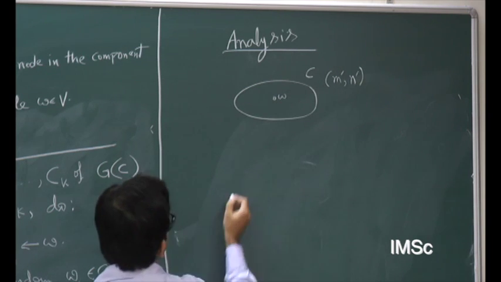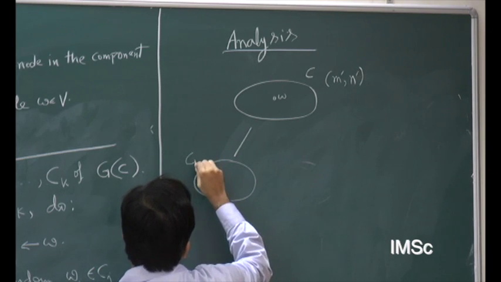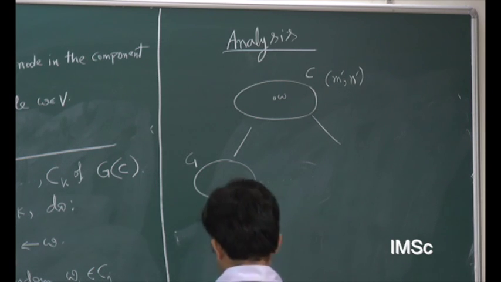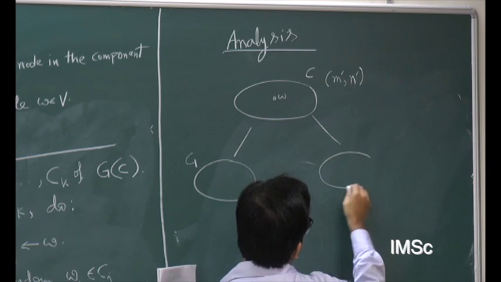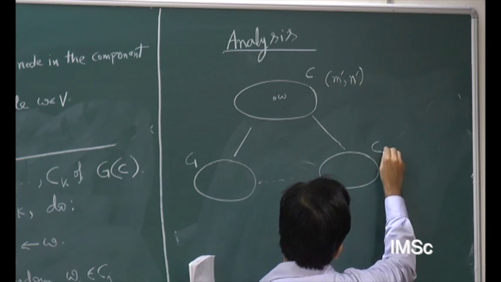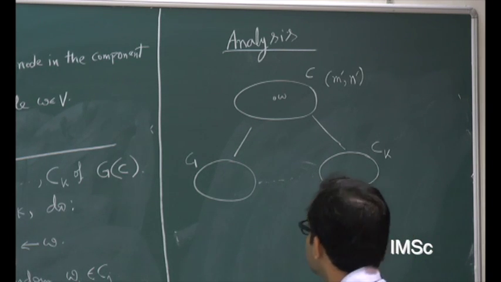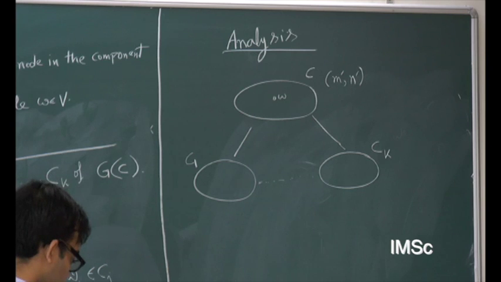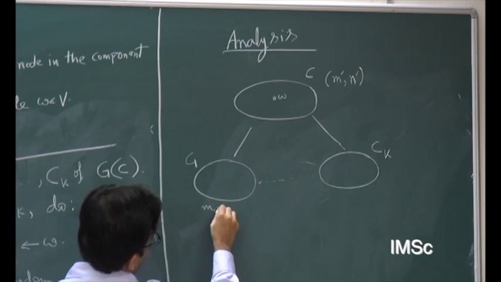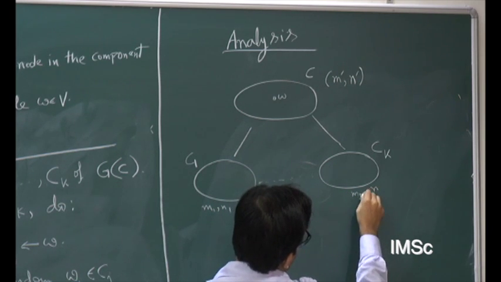This was the source. This is Ck, and let us say that C1 has M1, N1 edges and nodes, this guy has Mk, Nk edges and nodes.